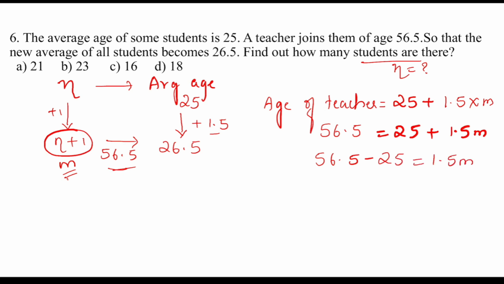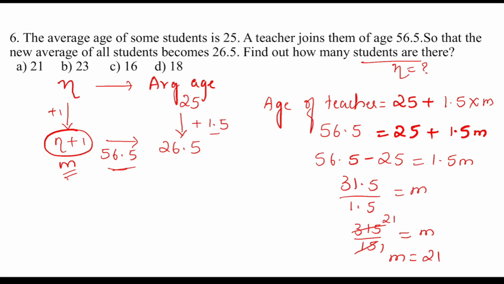So 56.5 minus 25 is 31.5, divided by 1.5 is equal to m. This can be written as 315 divided by 15, which is equal to m. So m is equal to 21.